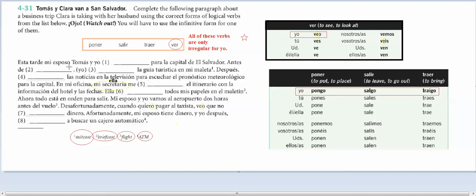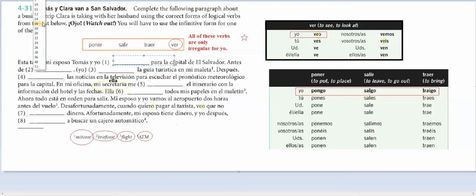So, esta tarde mi esposo Tomás y yo blank para la capital de El Salvador. So, poner, to put or place, salir, to leave, traer, to bring, ver, to see. Well, they probably left for the capital, so we're going to put salir here. And who is it that's leaving?